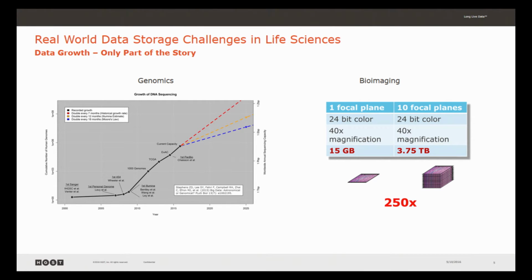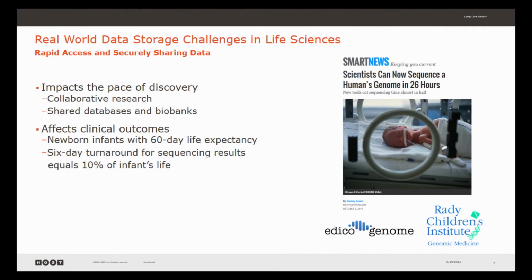When you go to 10 focal planes, it's not just a 10x multiplier. It can be 250x. It's very dependent. But the key point here is obviously we have data that's doubling every 7 to 12 months. That is a challenge for researchers.